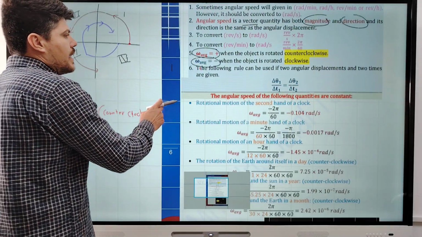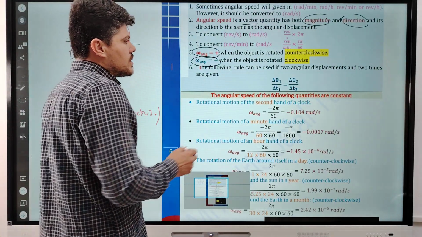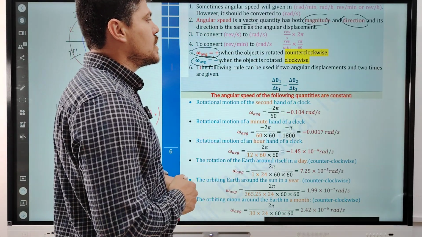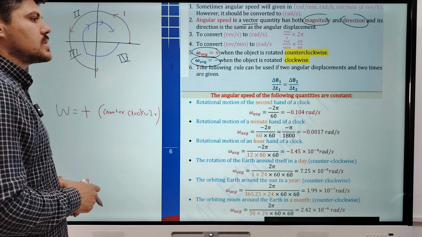And the following rule can be used if two angular displacements and two times are given in the question.